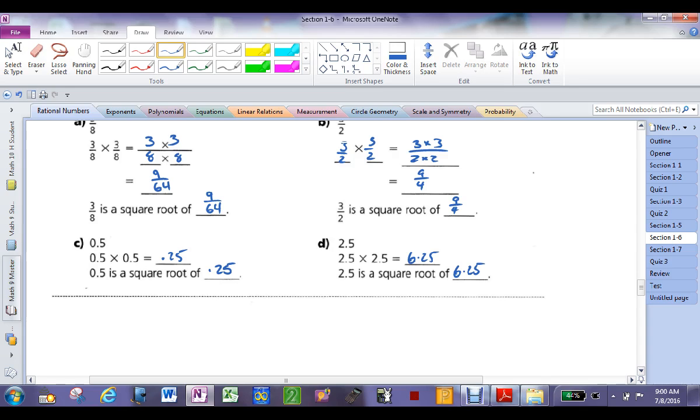Can anybody tell me why? It was supposed to be crickets. Why are you like that? Nobody can tell me why? What is a square root? What do you do with a square root to find a square?